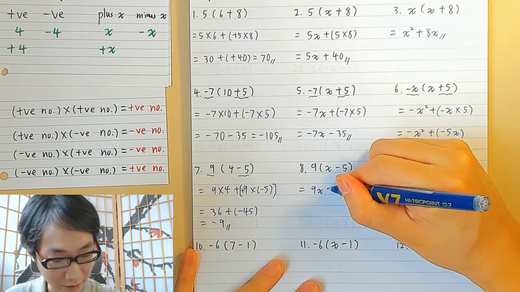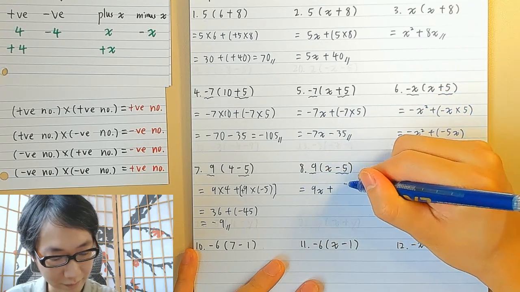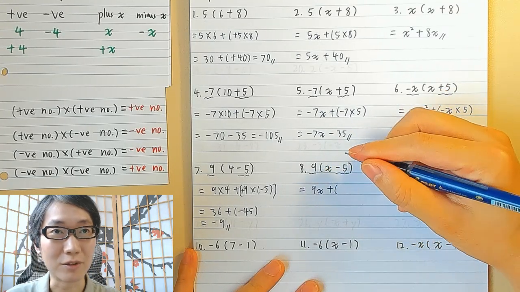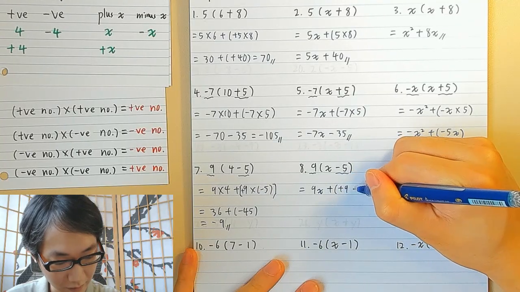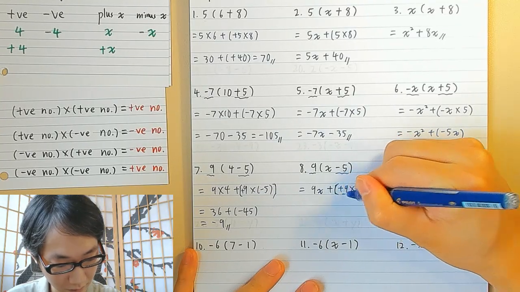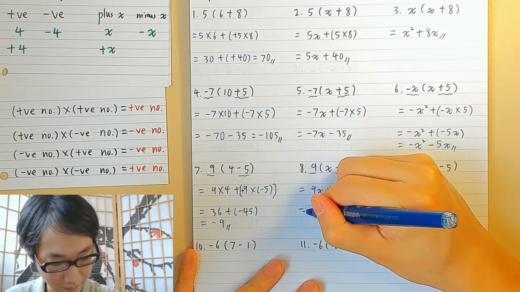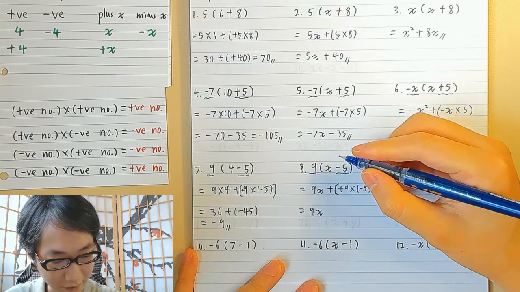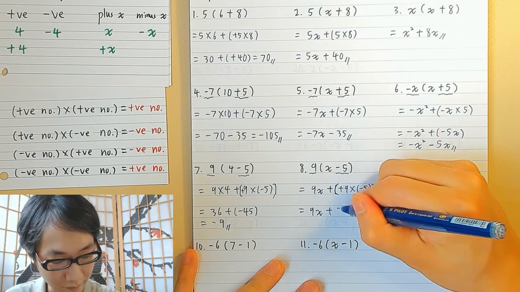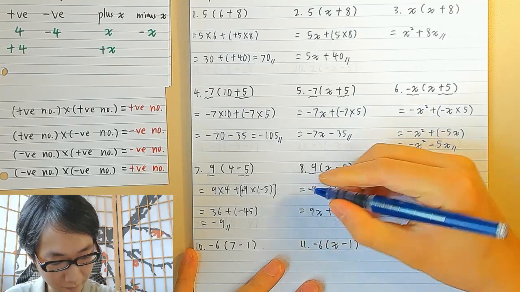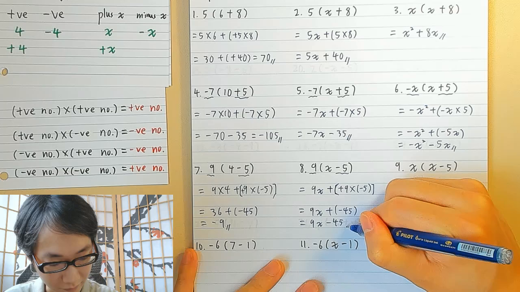Then the second term is positive 9 times negative 5. First term 9x, second term negative 45. Then it would be 9x minus 45.